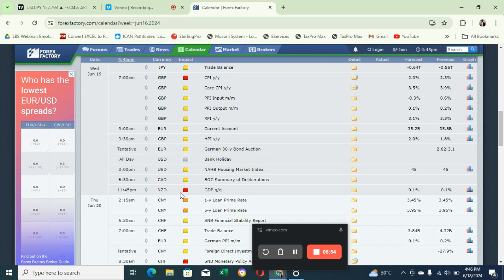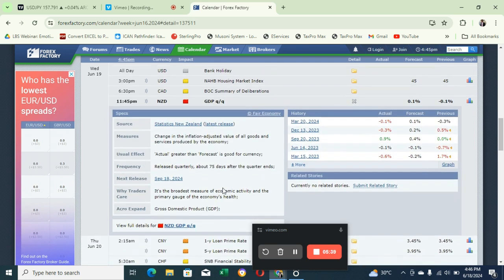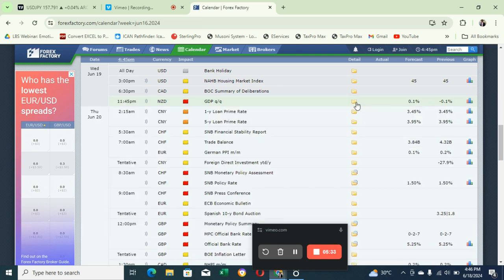Also tomorrow, New Zealand news is coming up by 11:45 p.m. This is GDP related news, data that relates to the GDP of the country. And don't forget, GDP means gross domestic product of a particular country.